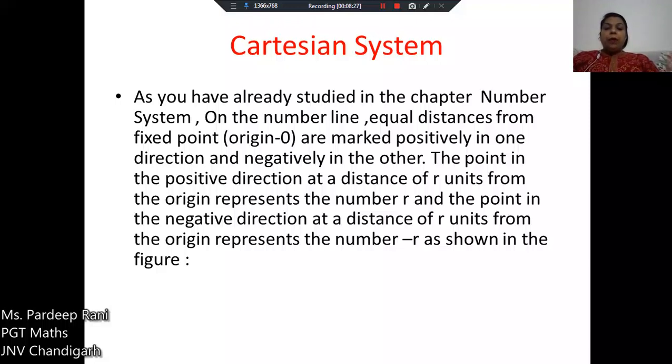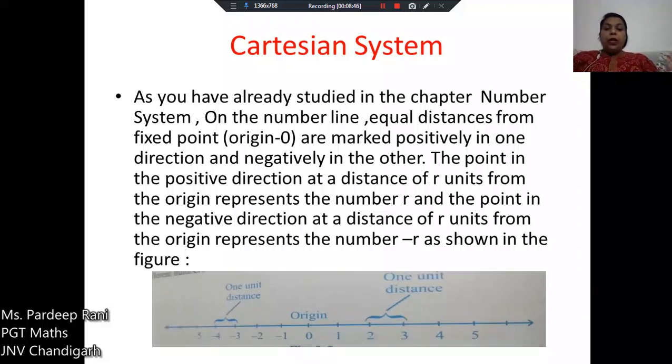On the number line, in the right direction we always take the positive numbers, and in the left direction we always take negative numbers from 0. The point in the positive direction at a distance of r units from the origin represents the number r, and the point in the negative direction at a distance of r units from the origin represents the number minus r.